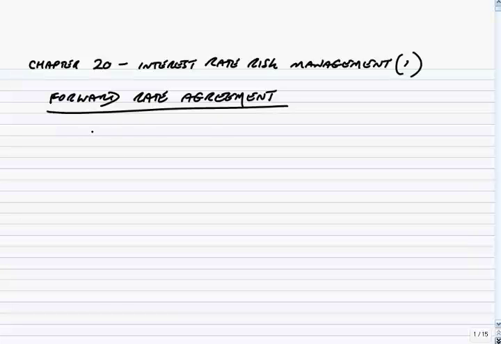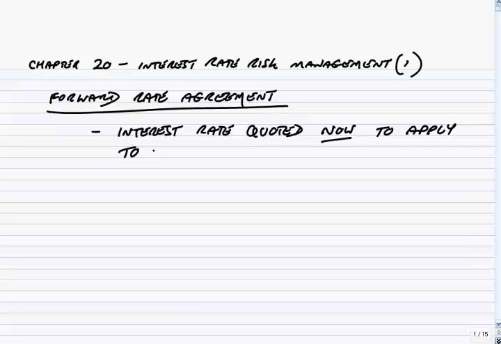So a forward rate is an interest rate quoted now to apply to a loan starting on a future date.